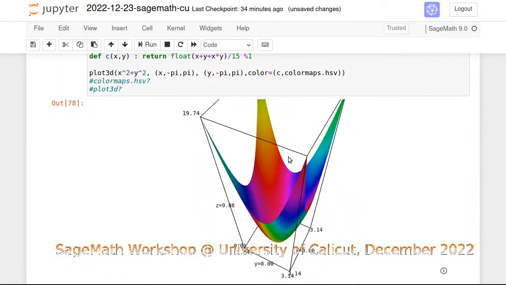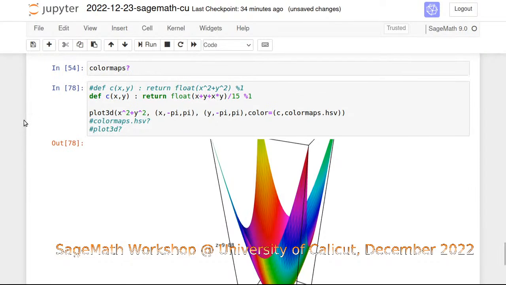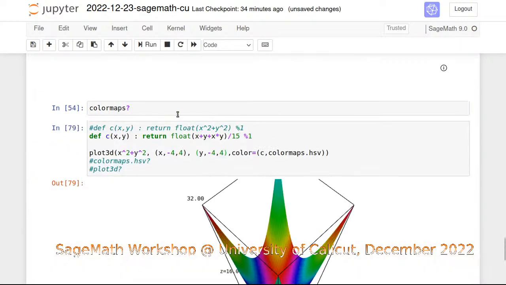Okay, if you change this function, you will be getting different things, but y square plus y square. Minus 4, 4, minus 4, 4.